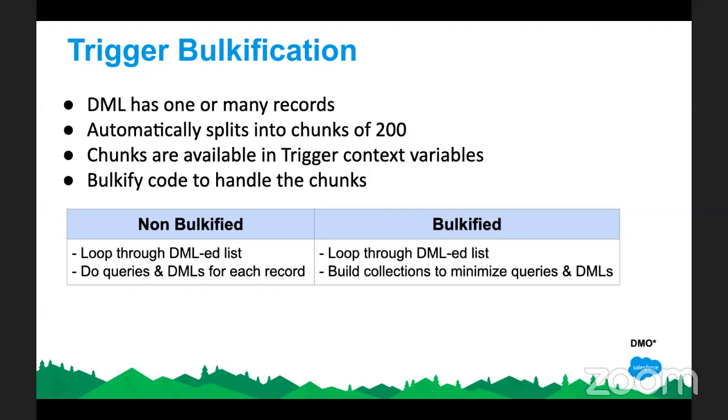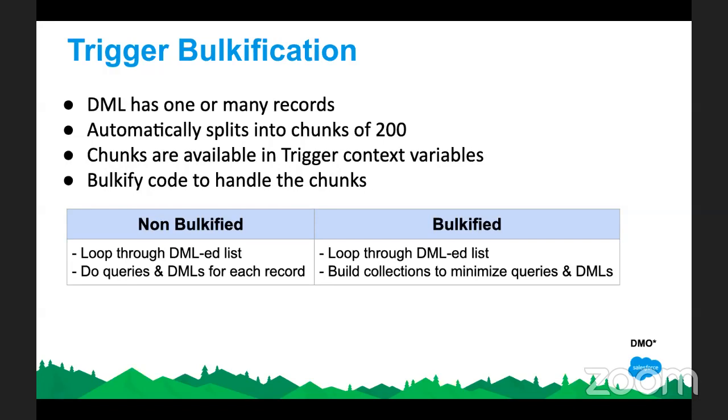DML has one or many records, like Mani said, or like I can show in other examples. In an insert, you can provide a list of SObjects. So that means it is not necessarily one. It can be multiple. You should handle all the records in the trigger.